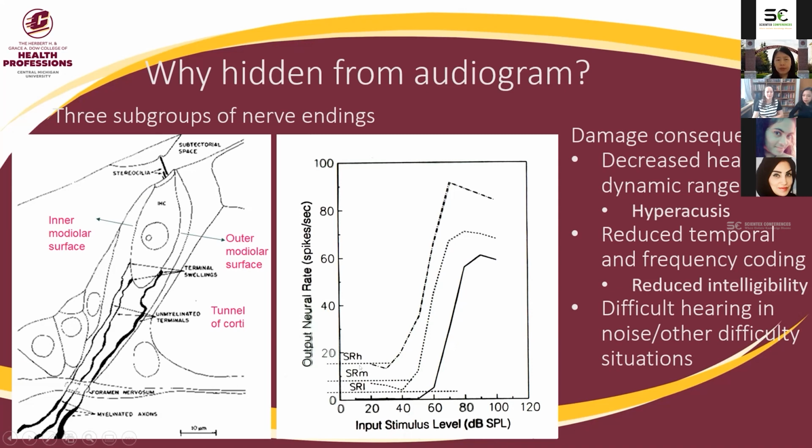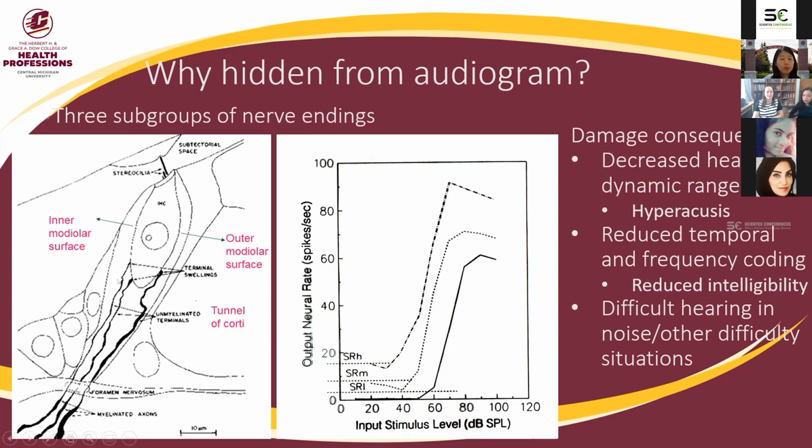So from here, you can see only the high spontaneous rate nerve fibers will respond to the low level sounds at about 20 dB SPL. So the high spontaneous rate nerve fibers are responsible for thresholds in the audiogram.